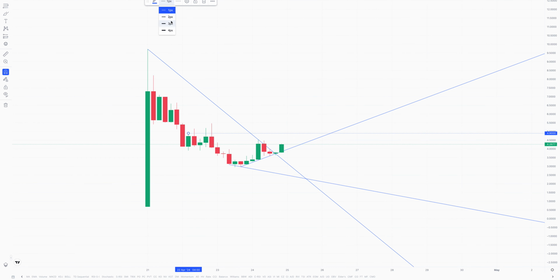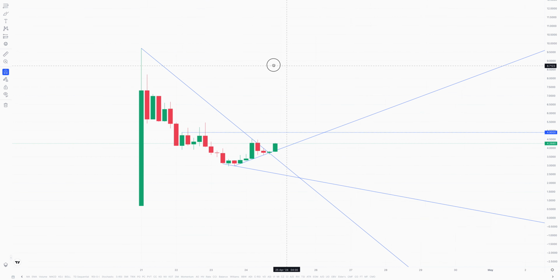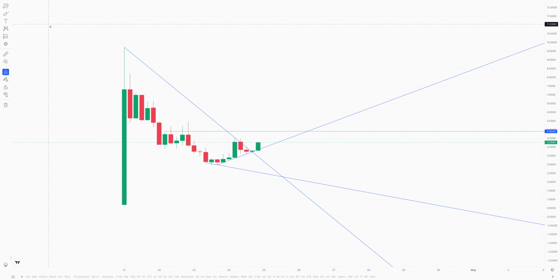Let's make this dotted. Let's make this a 2 font so we can really see it, right? That's the last green candle for the uptrend, and then we have this swing low. Last green candle before this downtrend, and that's the low of the candle, and that's what the current resistance is, okay?